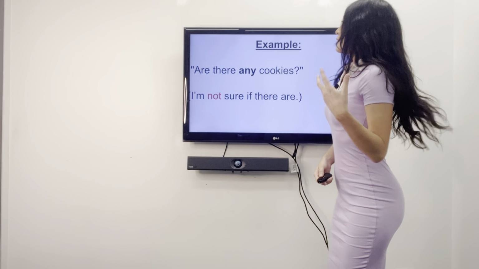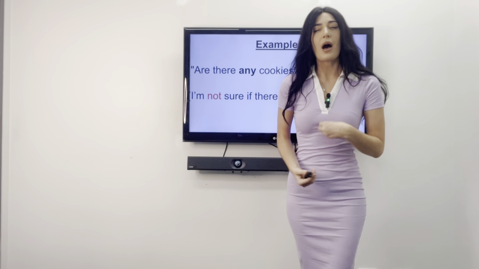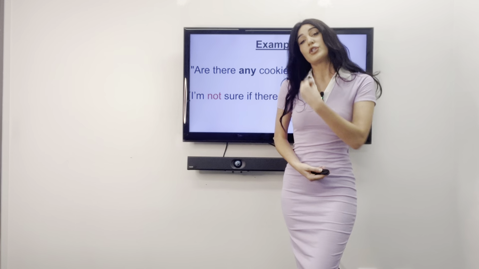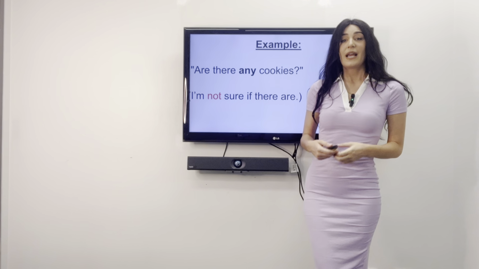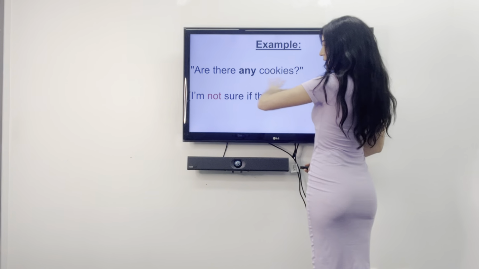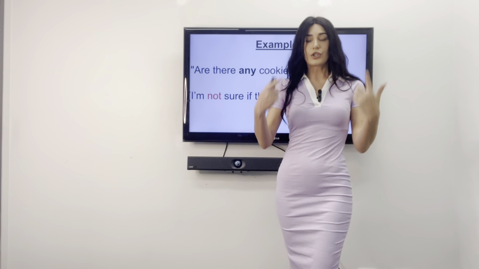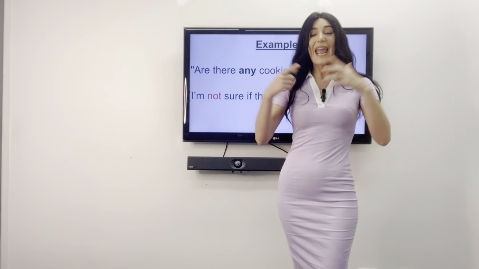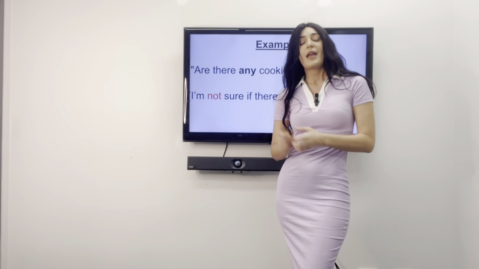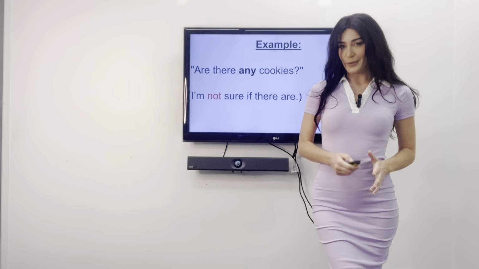So for example, are there any cookies? I don't know if there are any cookies, if they exist, so I use any. I say that because I'm not sure if there are. So try and remember that any is mostly used when it's a negative and some is normally used when it's a positive.